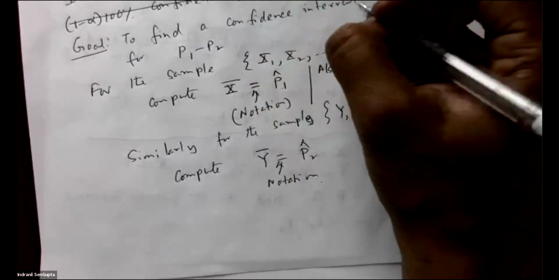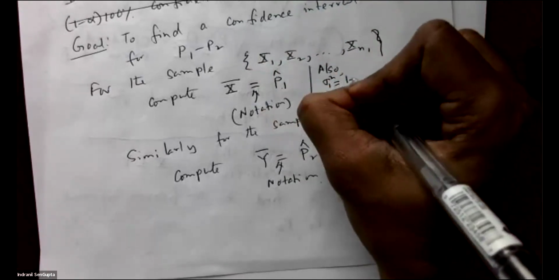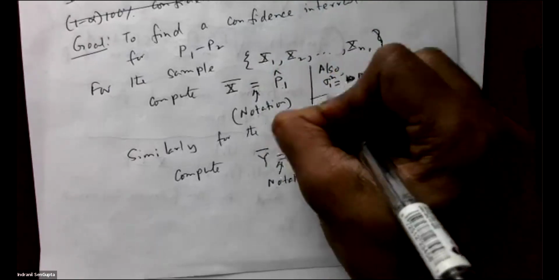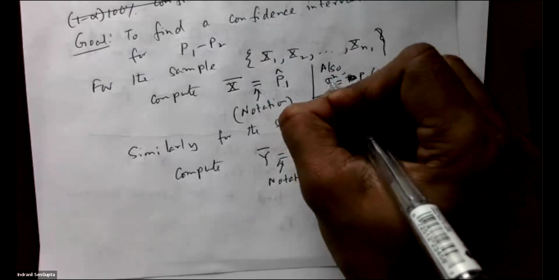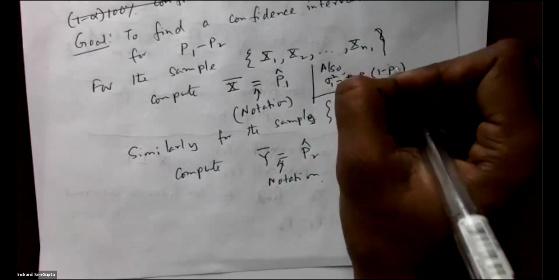Sigma 1 squared is p1 times 1 minus p1, and this can be estimated by p1 hat times 1 minus p1 hat.